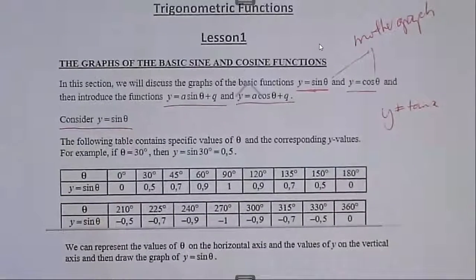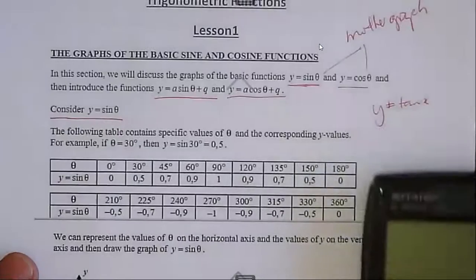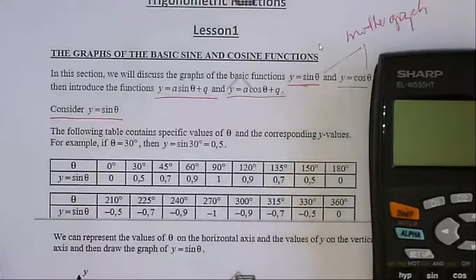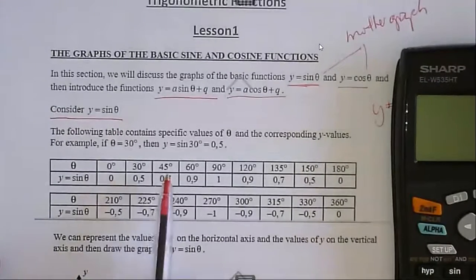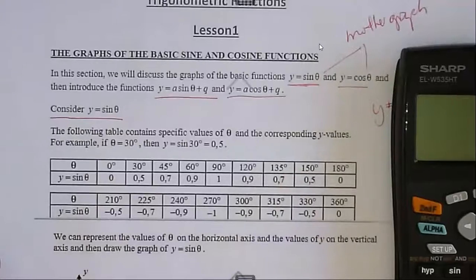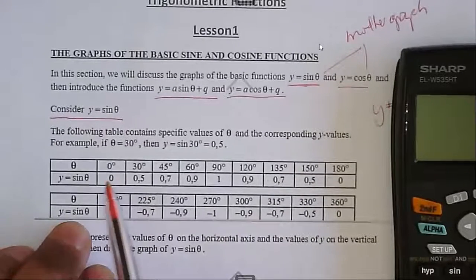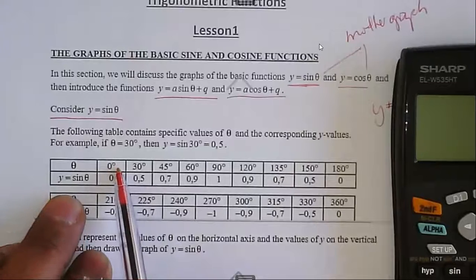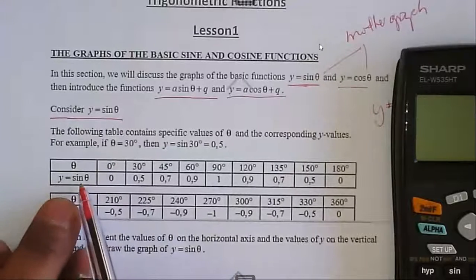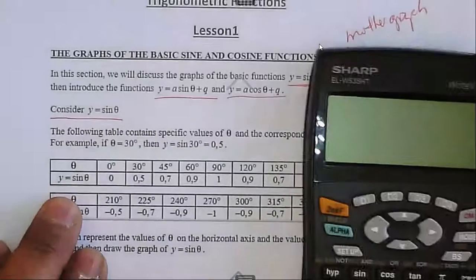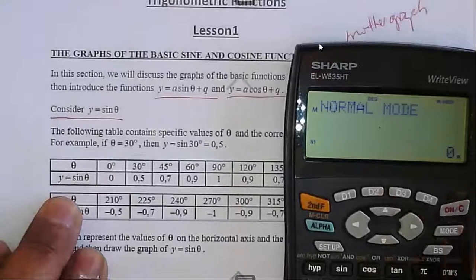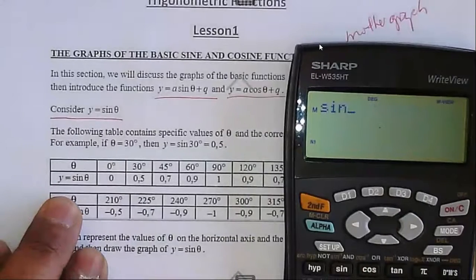Now I need you to have your calculator with you, because although they're using tables here, I actually prefer to use a calculator when we sketch this graph. For instance, if theta is 0, then what is y? y is the sine of 0. If you go to the sine of 0 on your calculator, you get 0.